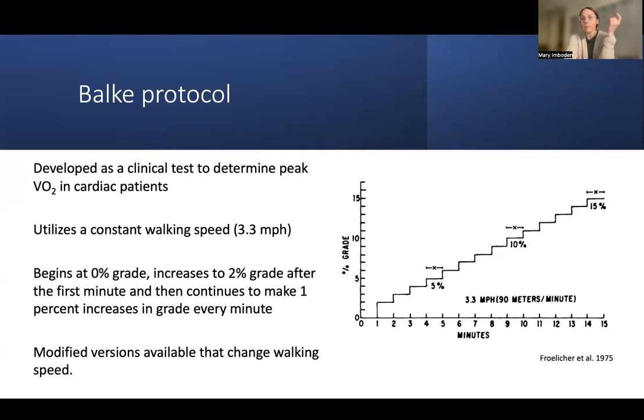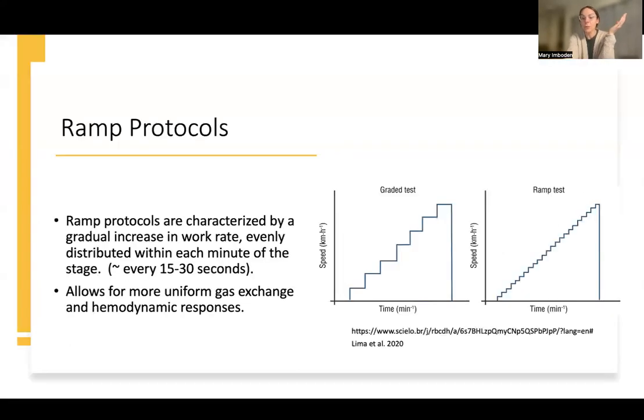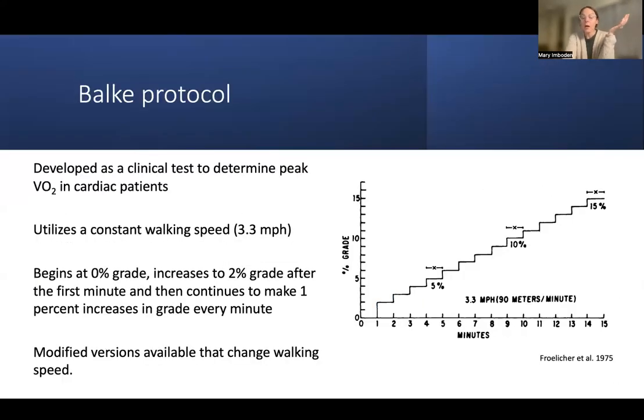Some modified versions just start at 3 miles per hour and do 1% grade every minute. So very similar, but just small modifications. That was based on using different populations, where we see maybe in women, 3 miles per hour with the changes in grade led to a better result, right? So there are lots of different modified versions of the Balke out there.